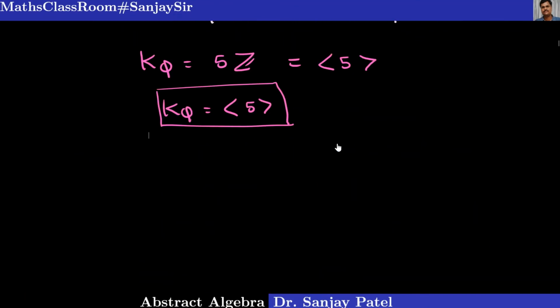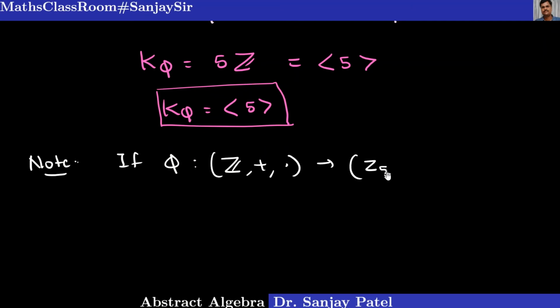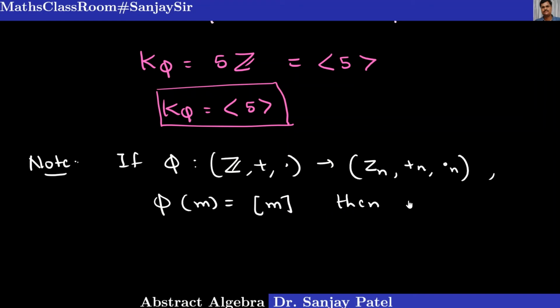So let me write a very important remark. Just remember, if phi is a homomorphism from the ring of integers to the ring of residue classes modulo n, Z_n, plus_n and dot_n, defined as phi of m is equal to class m, then the kernel of this homomorphism, K_phi, is always the ideal generated by n.